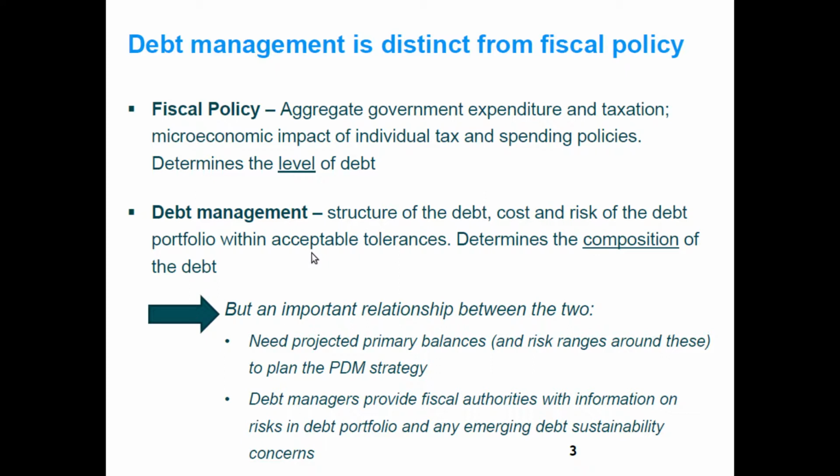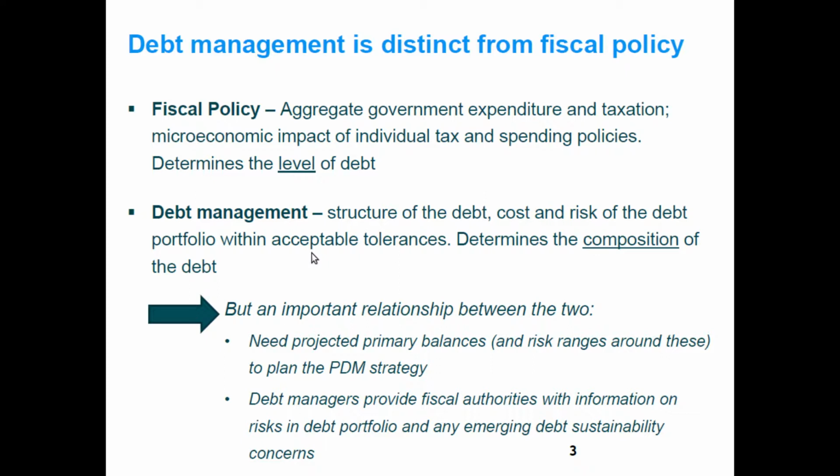Collectively, that determines the level of debt. The process of debt management concerns itself very much with the structure of the debt, cost and risk of the debt portfolio within acceptable tolerances. So it's about composition.